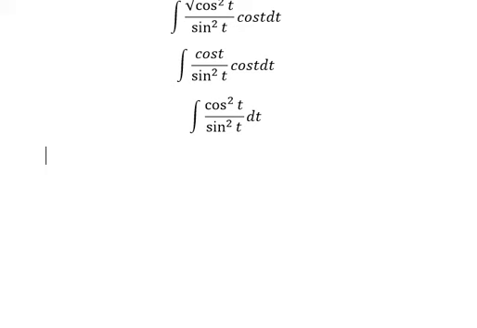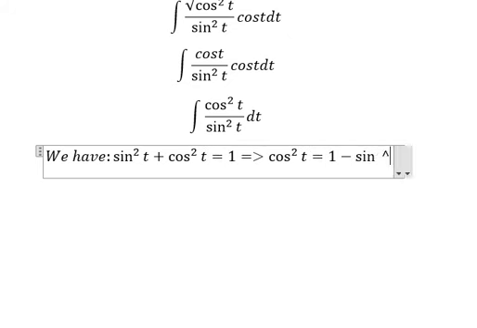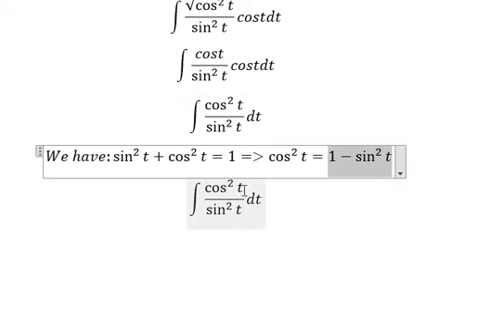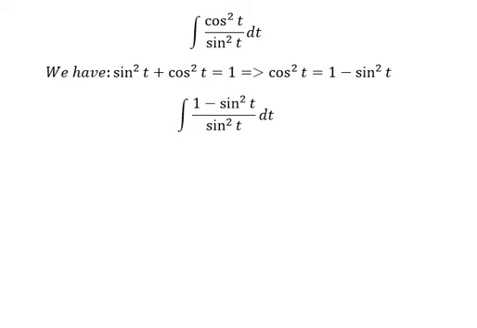We have sine squared t plus cosine squared t equals 1. So cosine squared t equals 1 minus sine squared t. Now we can separate them.